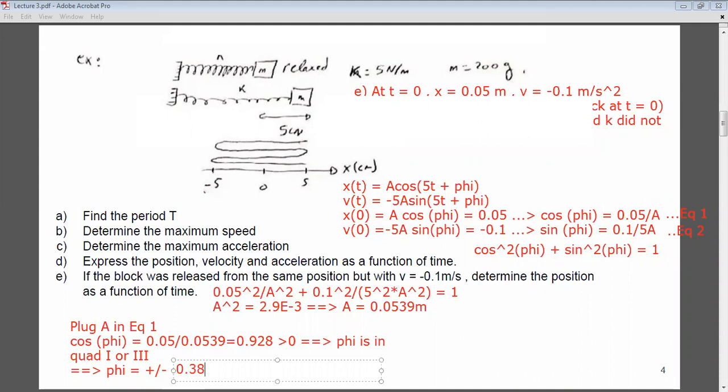Now to know if it is plus 0.38 or minus 0.38, I have to see that V is negative, which implies, where is V negative? It's in quadrant 1, which implies phi is in quadrant 1, which implies phi equals 0.38.